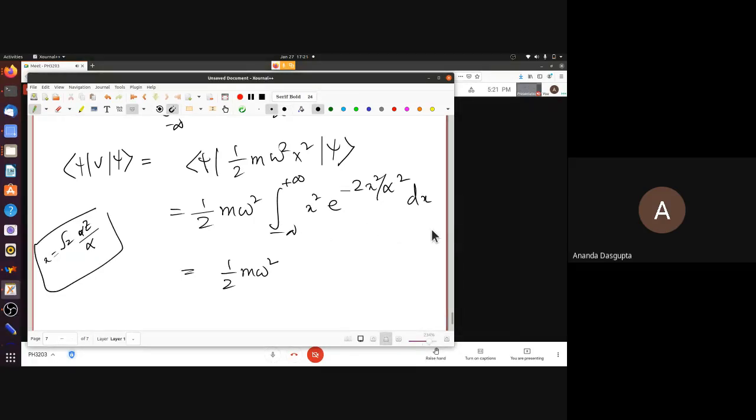here? How many factors of root 2 by alpha will you get out? The power how much? Three. Of course, 2 from the powers of x, 1 from the dx.